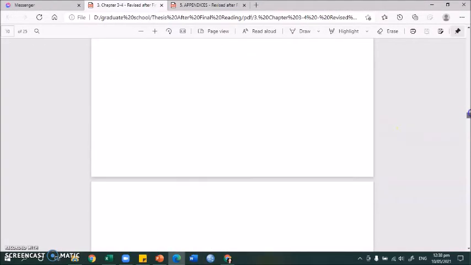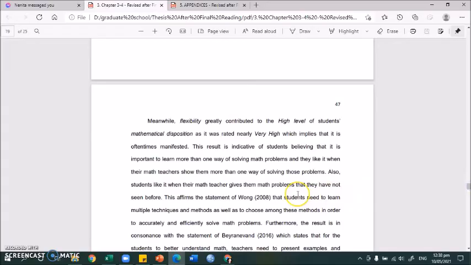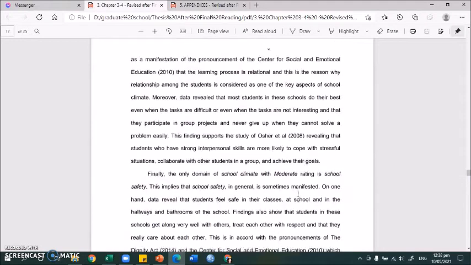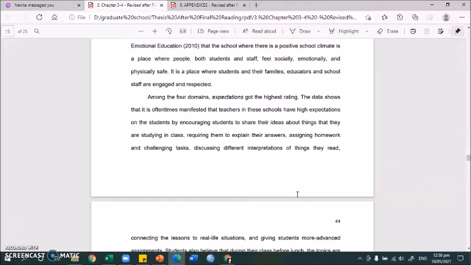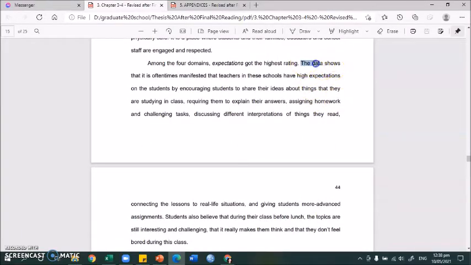Okay? So, let's go back to chapter 4. Okay, sa chapter 4, saan na ba yan? Ito. Ayan. The data shows that it is oftentimes manifested that teachers in these schools have high expectations on the students by, eto yun, encouraging students to share their ideas about the things they are studying in class. Okay, yan yung number 1.